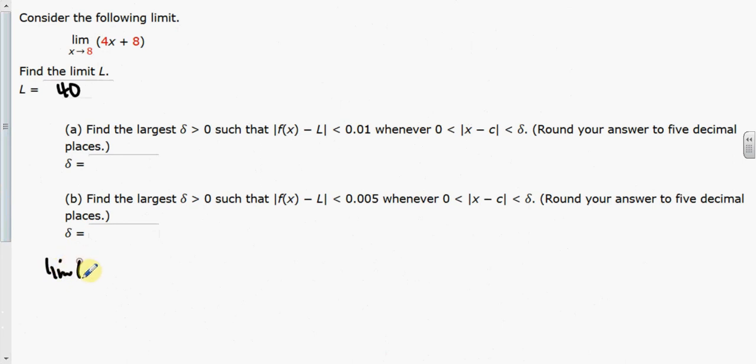So the limit of 4x plus 8 as x approaches 8 is equal to 40.